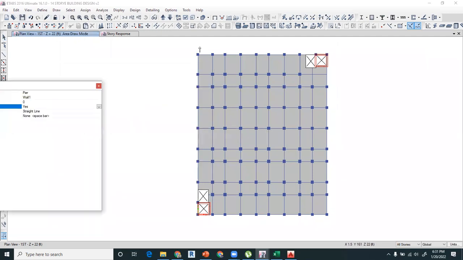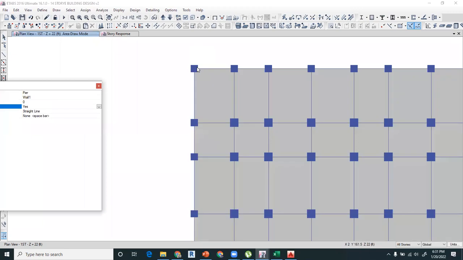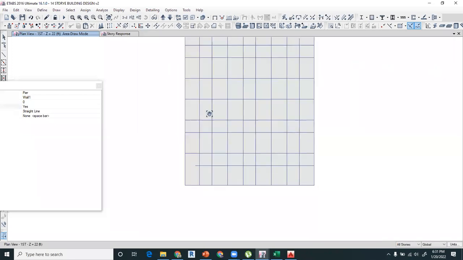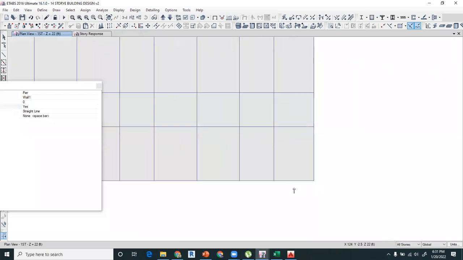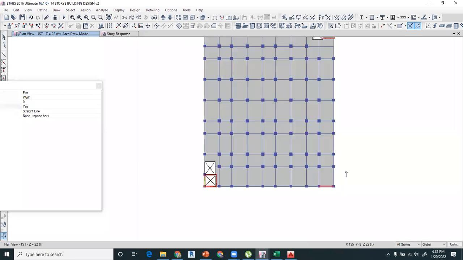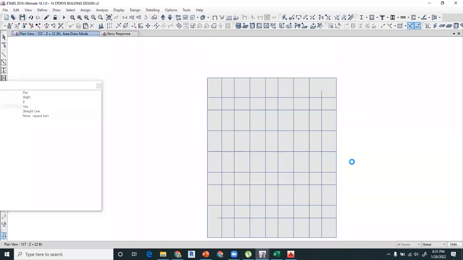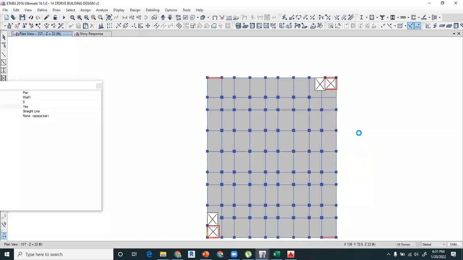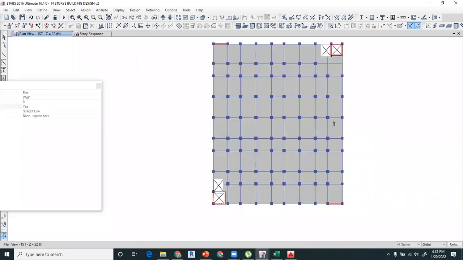So we have to draw one of the shear walls in this direction, in this corner. Let us draw another one in this corner. Try to give the shear wall at the opposite direction of the corner, so it will give you effective results. And let us give one in here.